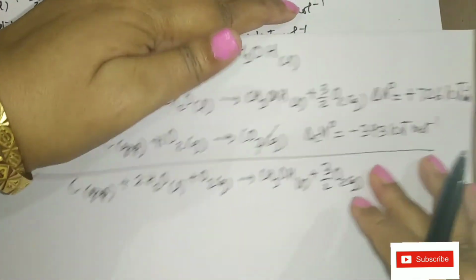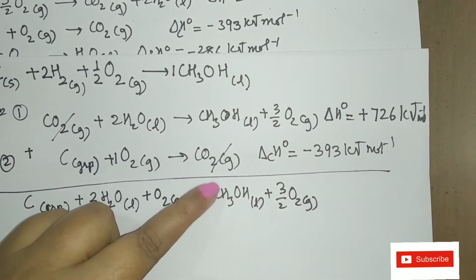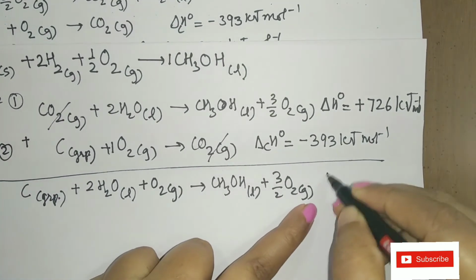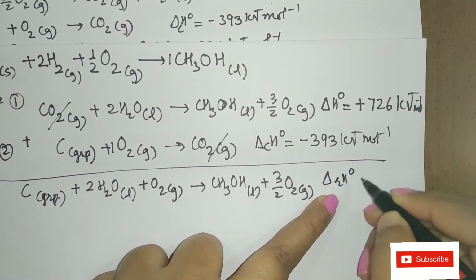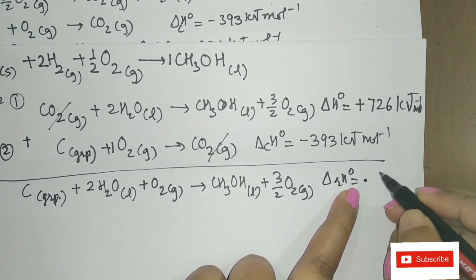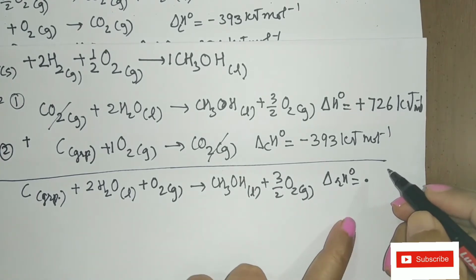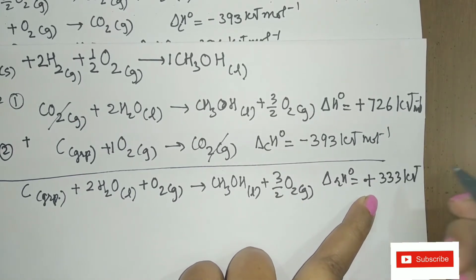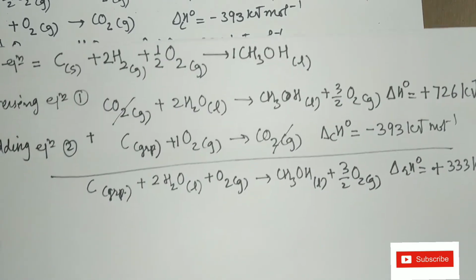As we have added the equations, let us add the two enthalpies and see what you get. So let us write this for the reaction is equal to, this will come to, how much student? This will be 3, 3 and 3. So this will be 333 kJ per mole. So we have reached up to this.